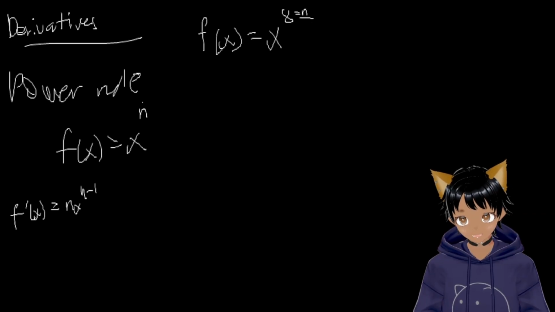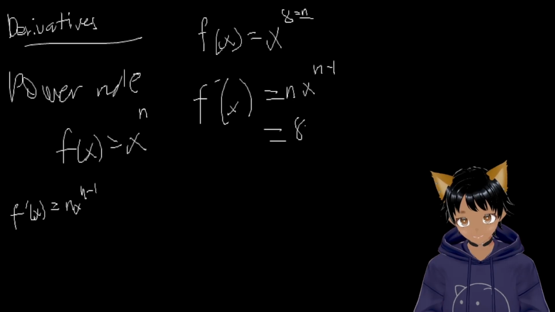How do we compute that? It's pretty simple. If you know the power rule, you bring down n to x. So 8x, then 8 minus 1. What would that be? There you go. Simple. That's your answer.